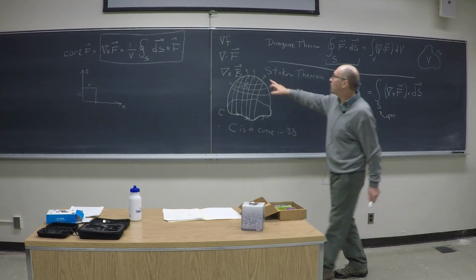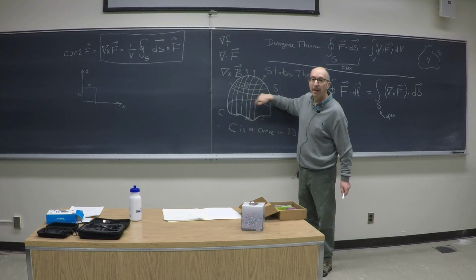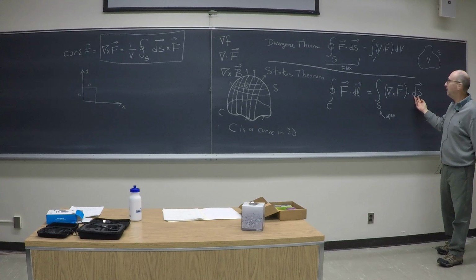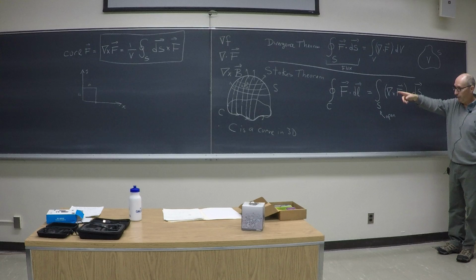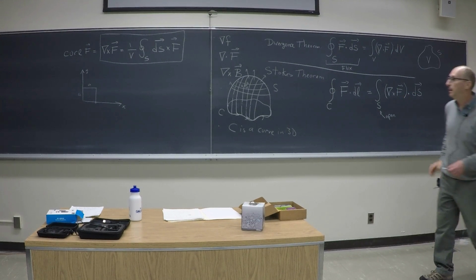Okay, because at this point I have two normals. If I were circulating the other way, then the normal would have to point down for this to be true. Okay? This is very important because the S could be something or the negative, and both are correct. But if I follow the rule I just told you, the theorem is correct. Okay? That's something you need to think about when you prove it.